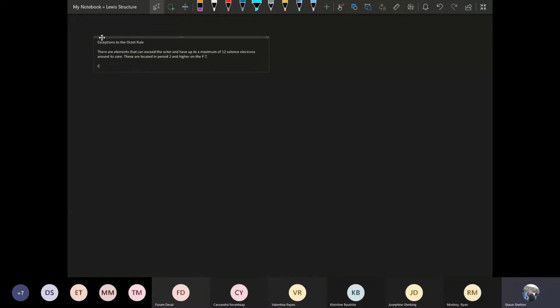So the elements carbon, nitrogen, oxygen, and fluorine never exceed the octet rule. And that's a very important detail to write down and remember. CNOF is what I call this, and that sounds weird, but CNOF is the way you remember.